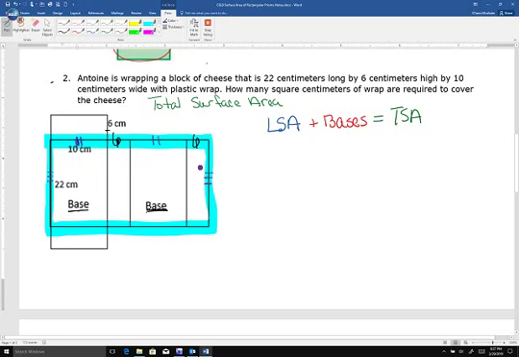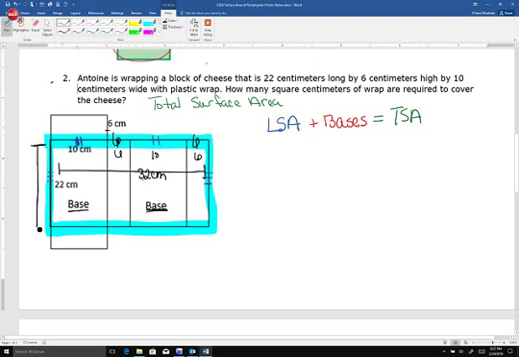So now I can find the length going all the way across. I know that it's 10, 6, 10, and 6. Yeah, 10, 20 plus 12 is 32. So I know that this going all the way across is going to be 32 centimeters.